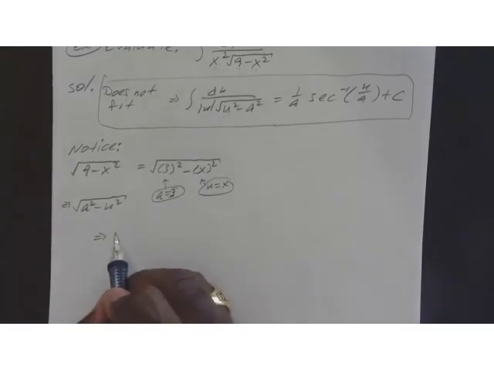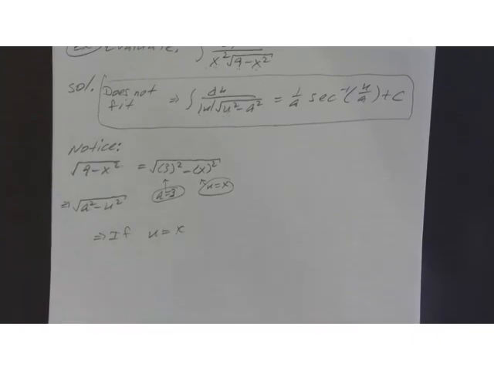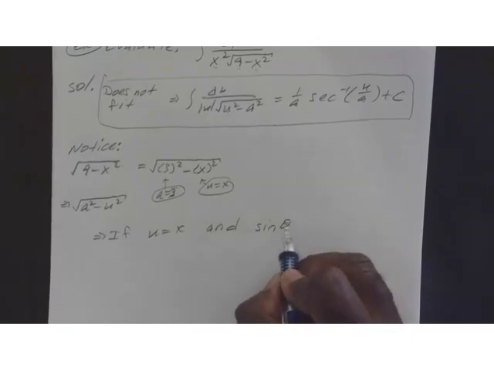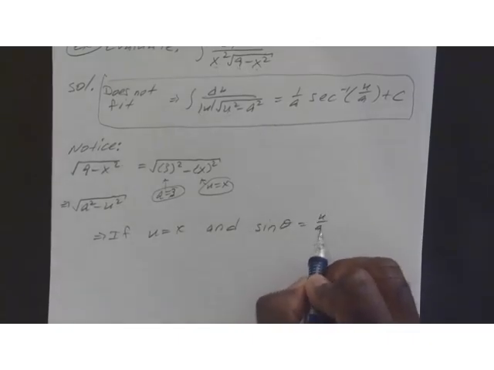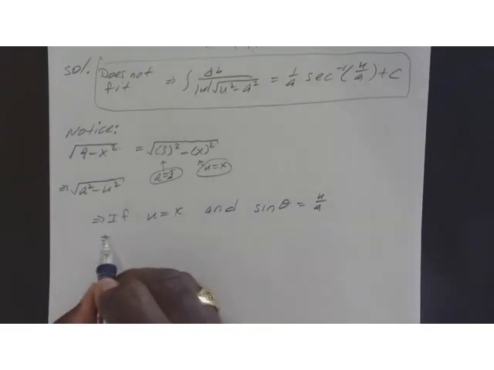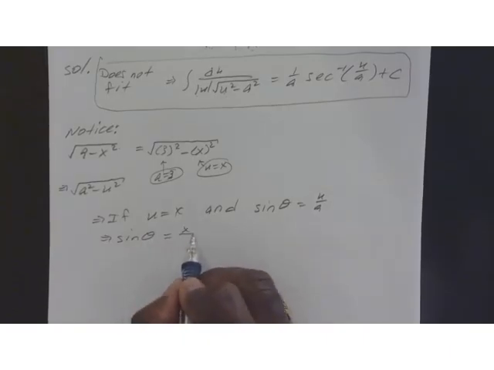Okay, so we know that if u is equal to x and sine of theta is equal to u over a, then that means sine of theta is equal to x over a, or you can say x over 3.